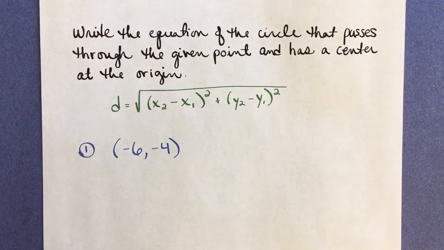Okay, write the equation of a circle that passes through the given point and has a center at the origin. Now I have written down here the distance formula, because we are going to end up having to use the distance formula to help us out.